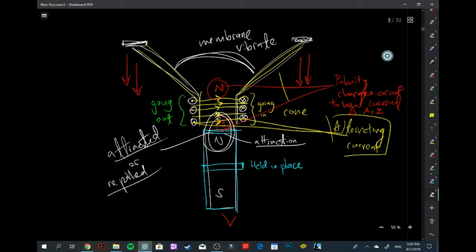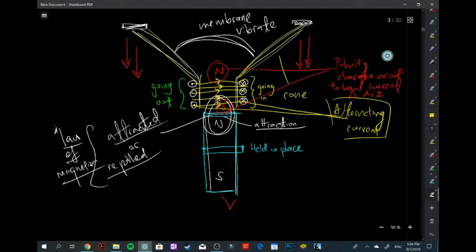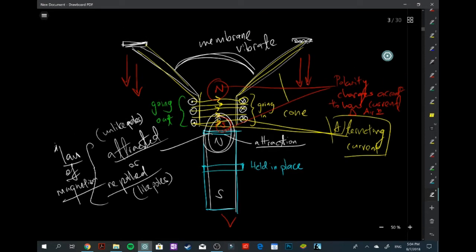Of course, this attraction or repulsion follows the law of magnetism, which states that like poles repel, and unlike poles attract. And yeah, this is how the loudspeaker works.